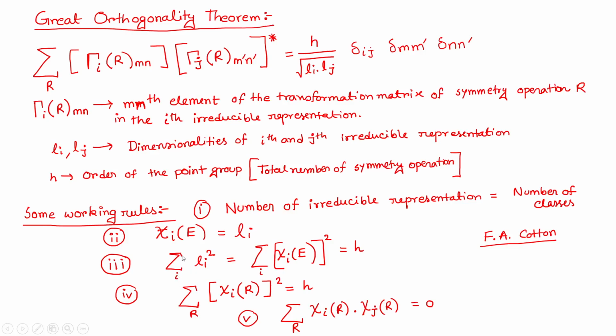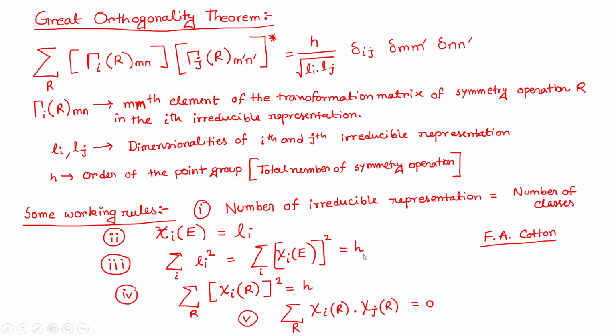Now you need to be very careful about what these summations are based on. So this is the summation of the character of E, whole square. You have the character of E of a certain irreducible representation and take a square of it, and you do it for all the irreducible representations.